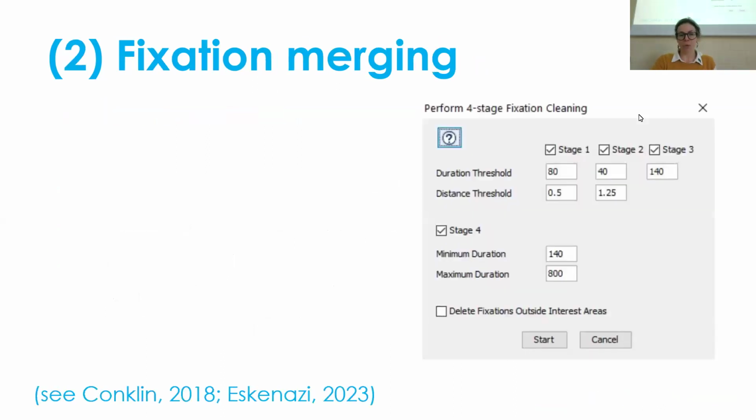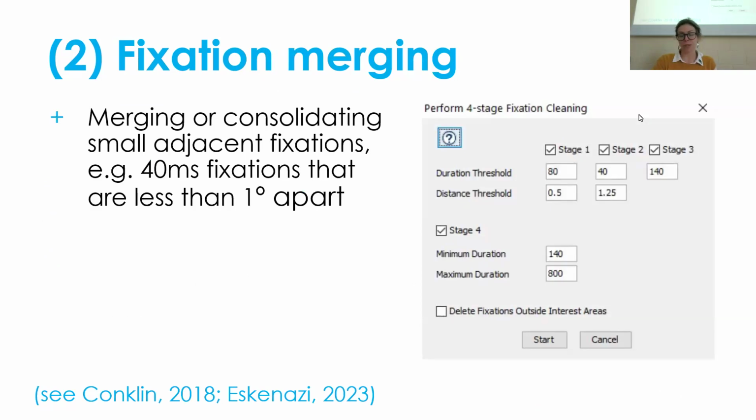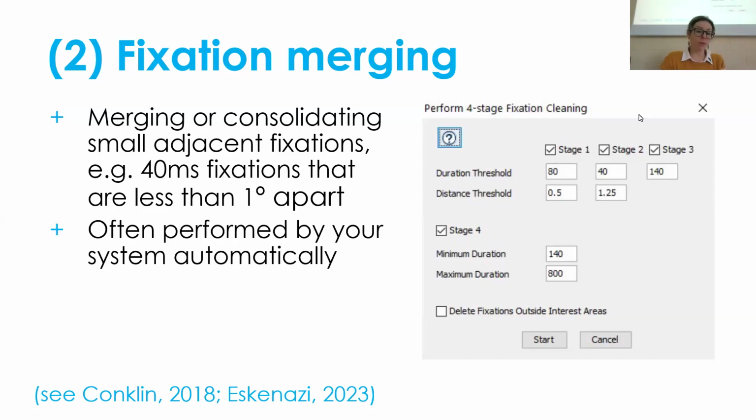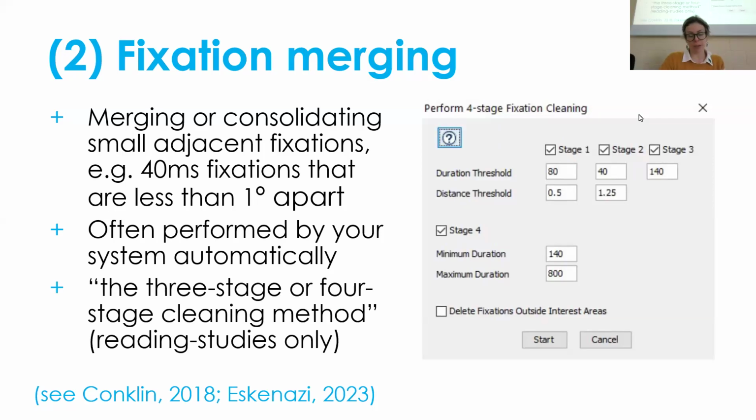And then the second option is merging fixations. This means basically consolidating adjacent fixations that are quite small and quite close together in space, typically less than 1 degree of visual angle apart. It is often performed by the system automatically. However, in EyeLink, which is the screenshot you can see here on the right, you can have a 3 or 4 stage cleaning method.